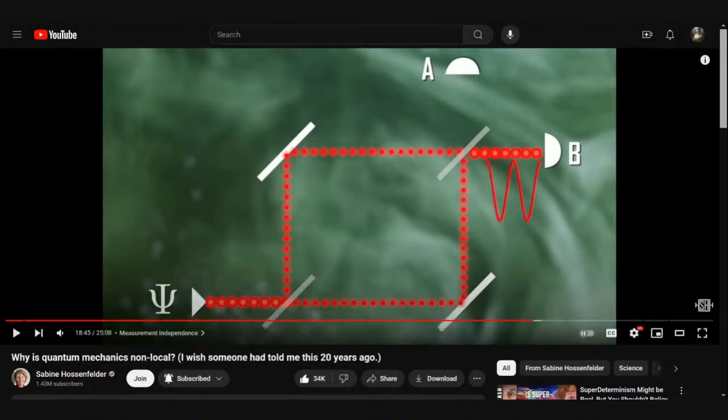Wait, hold on. So you're saying that the photon wavelet, I call it a wavelet. It's really just a wave. I was thinking about this today: there's nothing special about quantum mechanics that a photon is a wave, and it's a wavelet. Like, what is a wave? If you think about it, what is a wave?